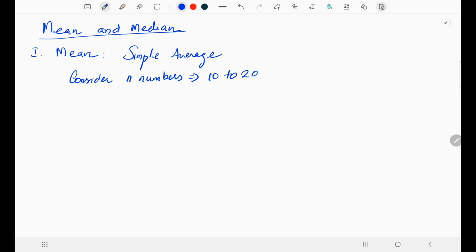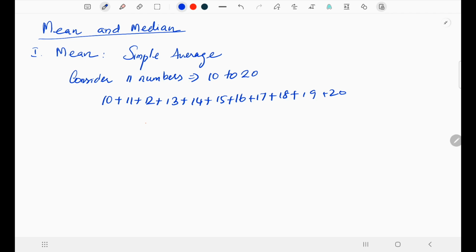Now, the mean is calculated by adding up 10 to 20. First number, second number, third number, fourth number, 14, 15, 16, 17, 18, 19 and 20. Total 11 numbers are there.